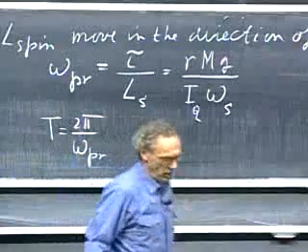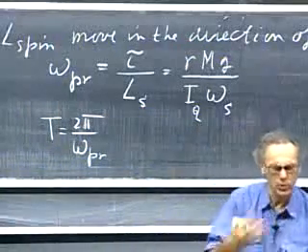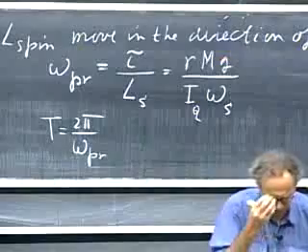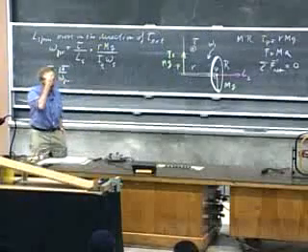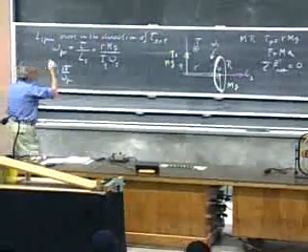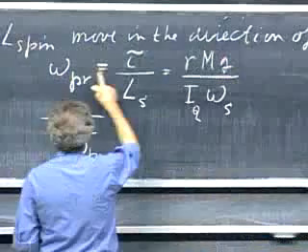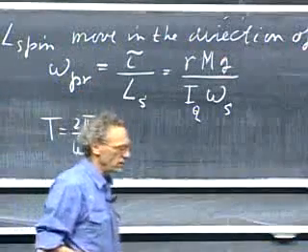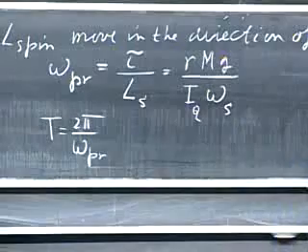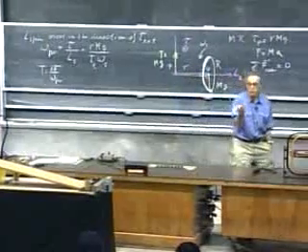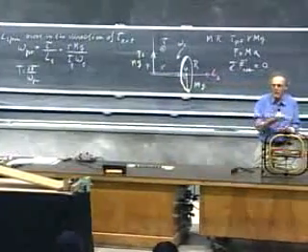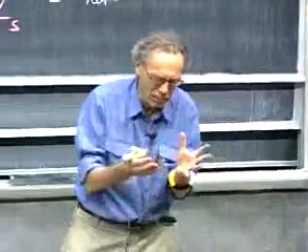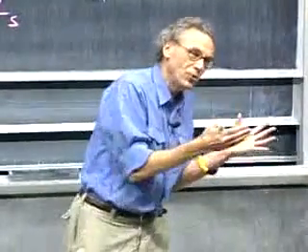Let's take a look at that equation and see whether it intuitively makes sense. First of all, if you increase the torque, the numerator, then it says that the precession frequency will increase. That makes sense to me, because the torque is persuading the spin angular momentum to change.